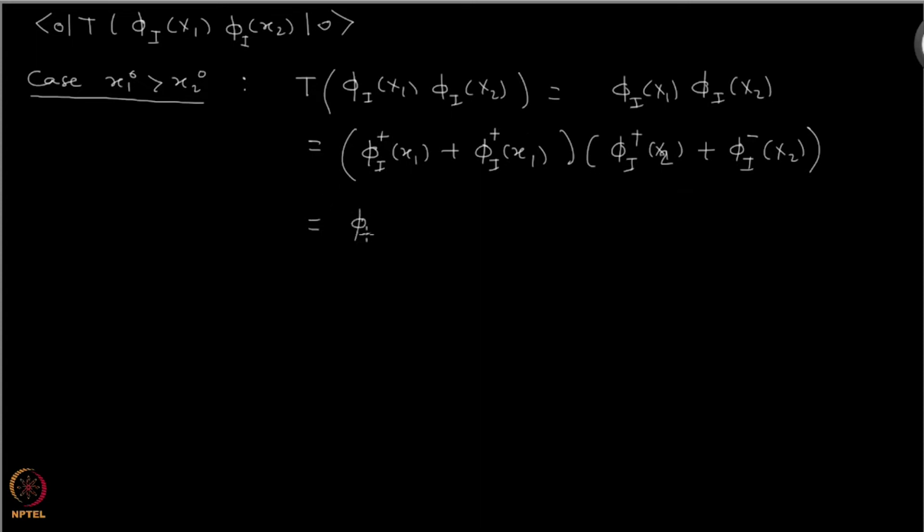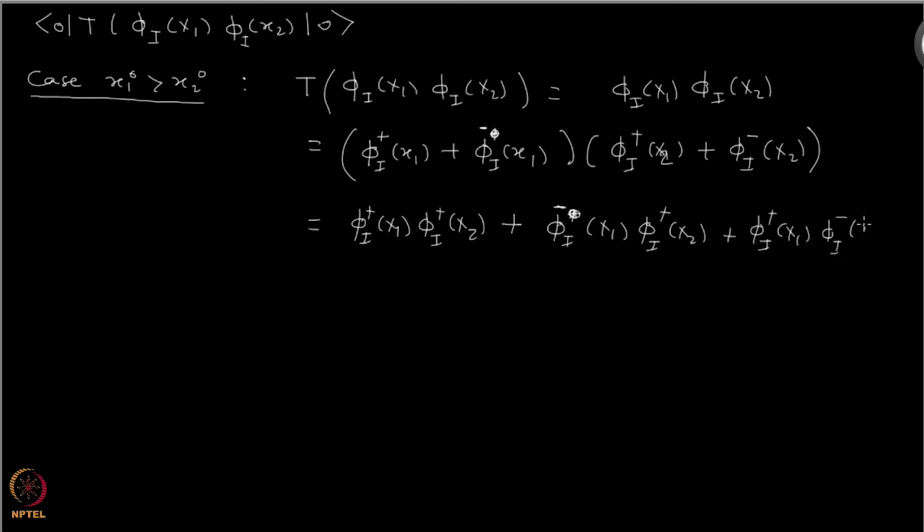So if I multiply, I get the following. Plus, sorry, this should be minus. Plus phi I plus x1 phi I minus x2 plus phi I minus x1 phi I plus x2.